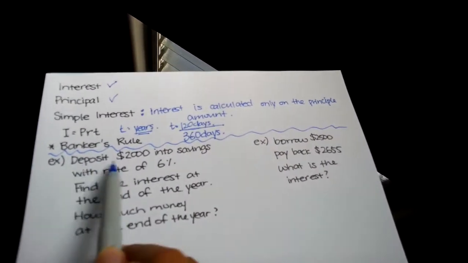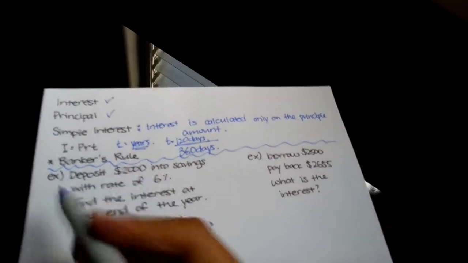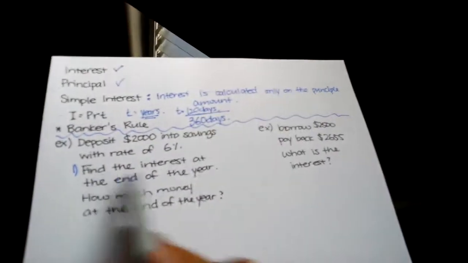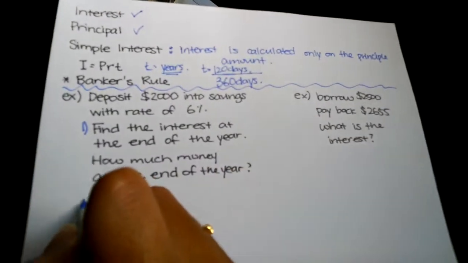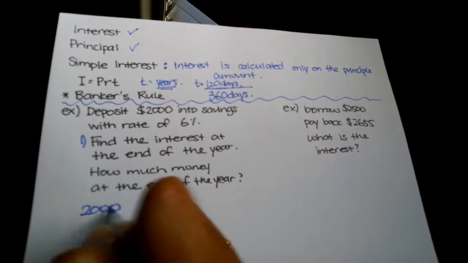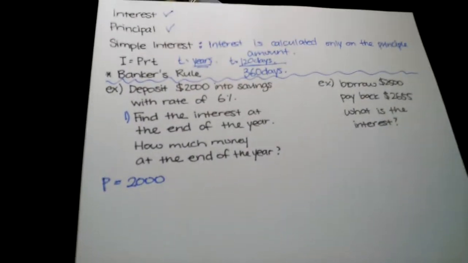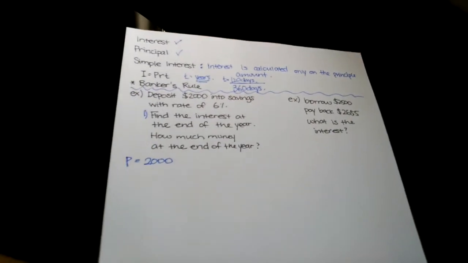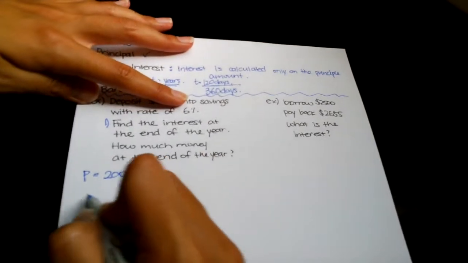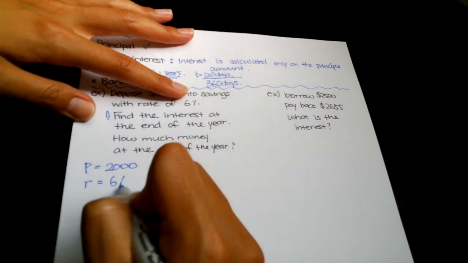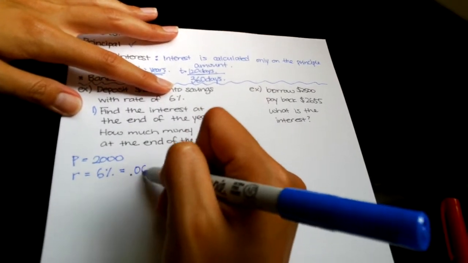The first one is we deposit $2,000 into savings with a rate of 6%. First part, let me separate this. Find the interest at the end of the year. So let's do that part first. $2,000 is our principal amount, so our P is 2,000, and then our rate, or R, is 6%, but as we know, we can convert that into decimals and it's 0.06.